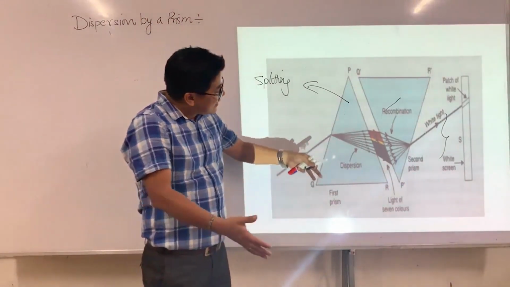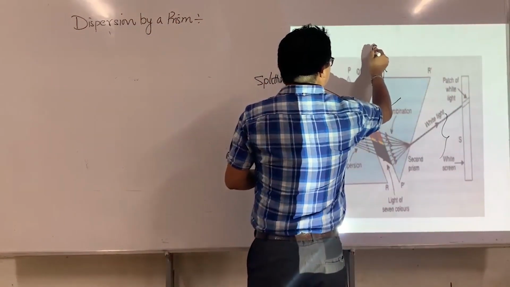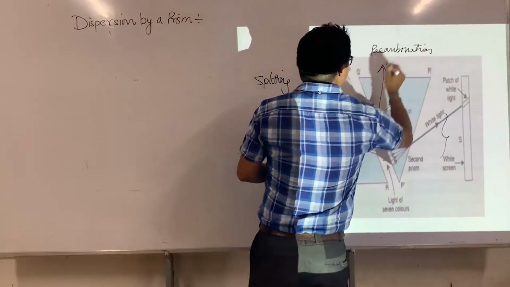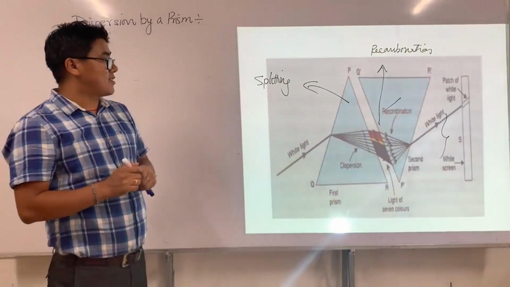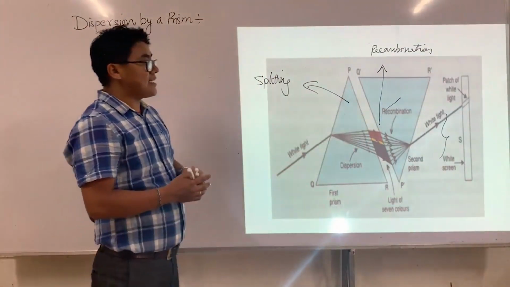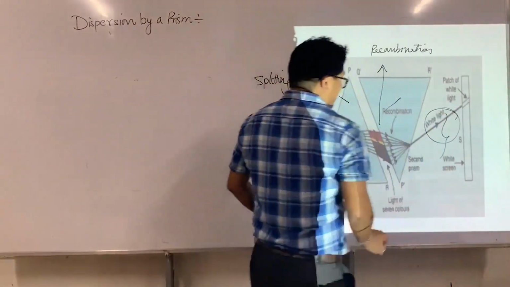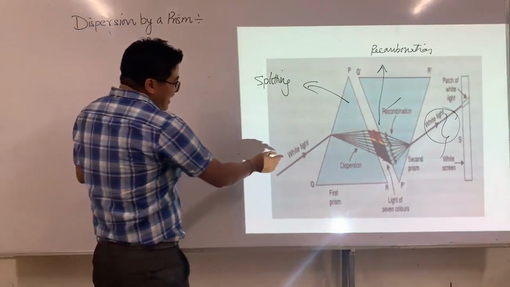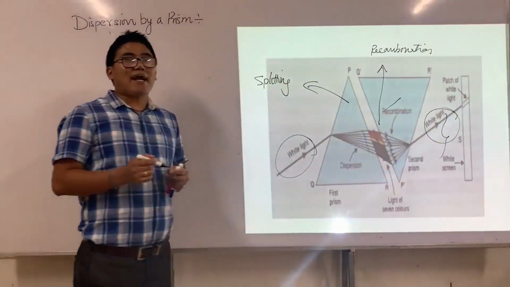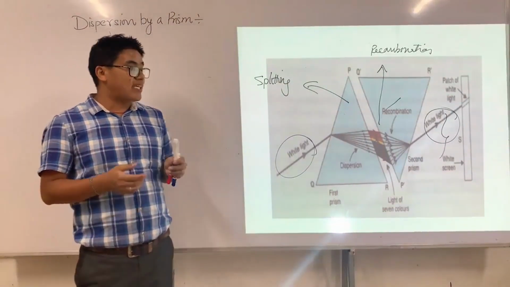So therefore, this merge, all right, recombination of all 7 colors, if I put this inverted, recombination takes place, and finally we found a white color. We say we get white color by combining all 7 colors.